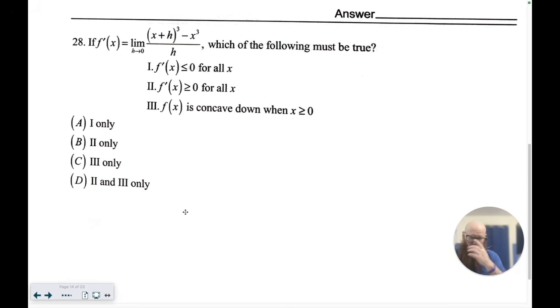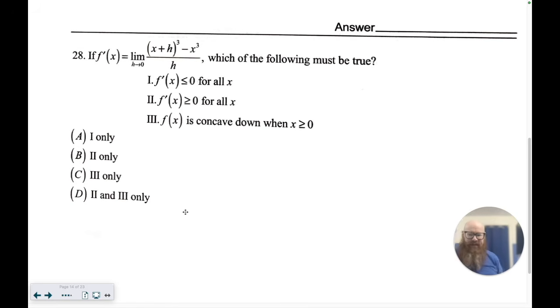All right, we are getting close to the end here. 3 problems left. Let's see if I can make it. We are given a function, and we want to know which of the following must be true. Well, it would be easy to answer these if I knew what the actual function is.